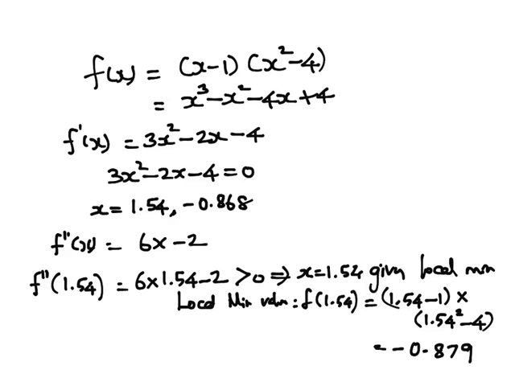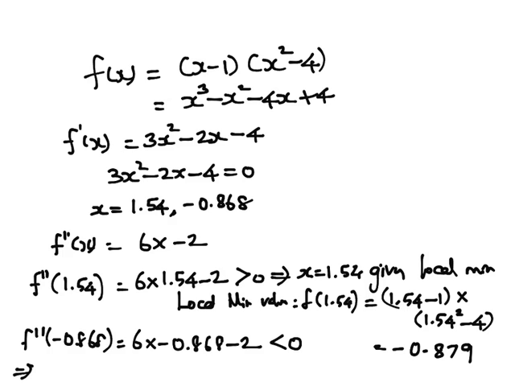Let me substitute the second stationary point now. f''(minus 0.868) in the second derivative. So 6 into minus 0.868 minus 2, and you can see very clearly that this will be negative, which means x equals minus 0.868 will give me a local maxima.